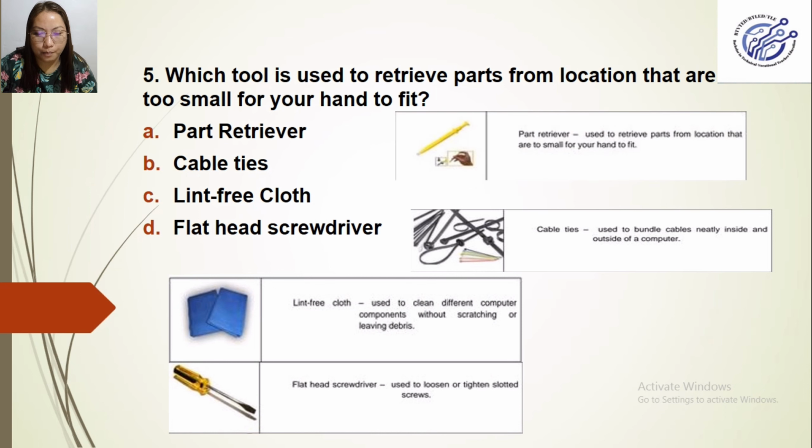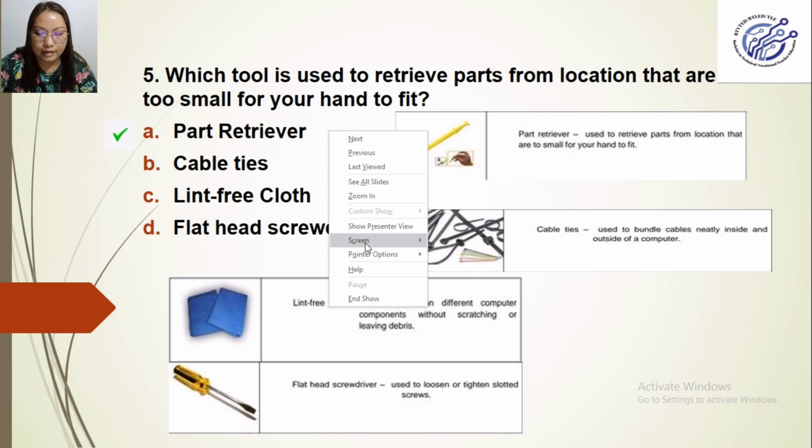Then we have a part retriever. So itong si part retriever, siya po yung ginagamit natin to retrieve parts from location that are too small for your hand to fit. So, verbatim din siya sa ating question. So, yung sagot po natin dito is letter A.